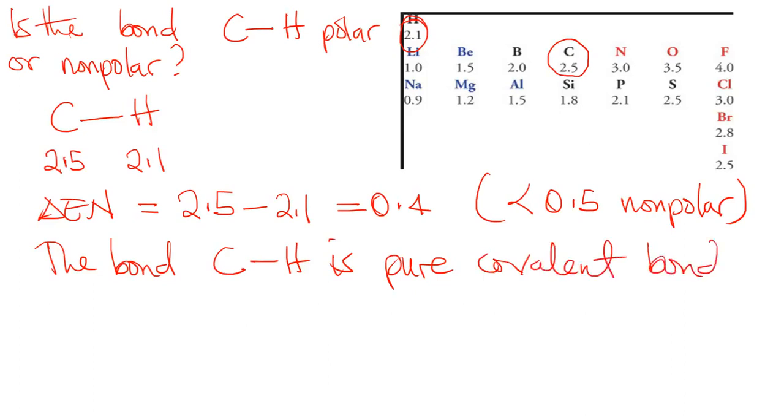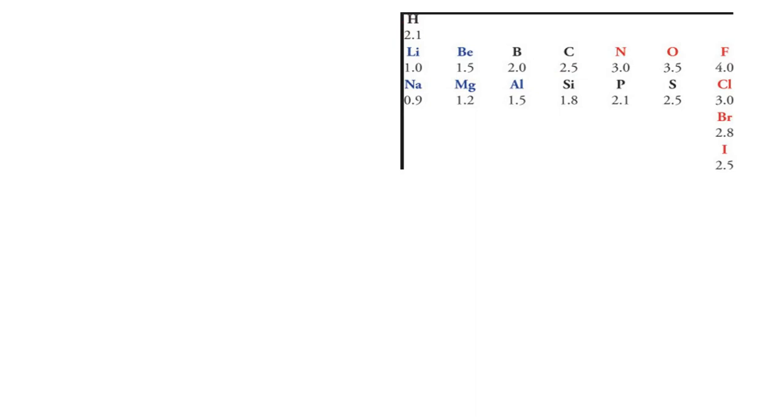It's just a normal covalent bond because its change in electronegativity is less than 0.5. So that's how you determine that this chemical bond is non-polar, by using electronegativities. Now let's look at another problem.